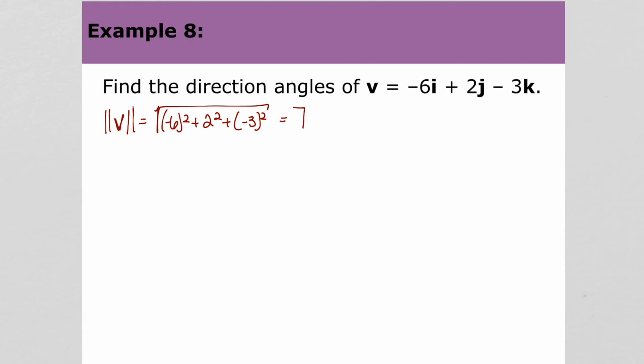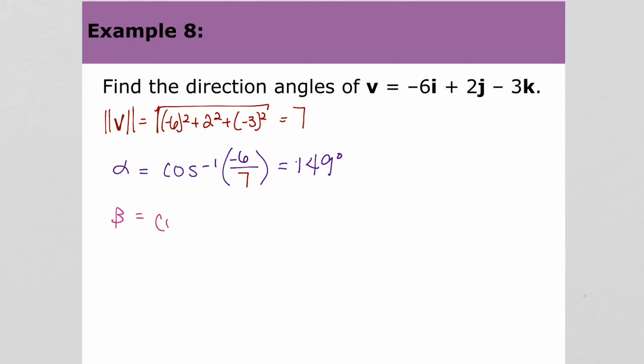So, alpha will be the inverse cosine of A, which is negative 6, over the magnitude, which is 7. Put it in your calculator, you get 149 degrees.